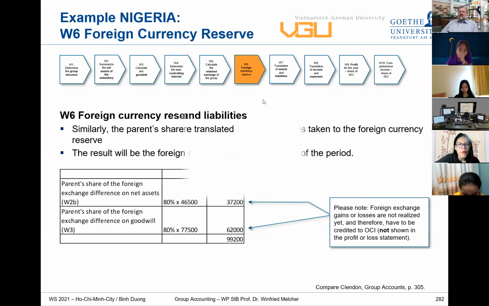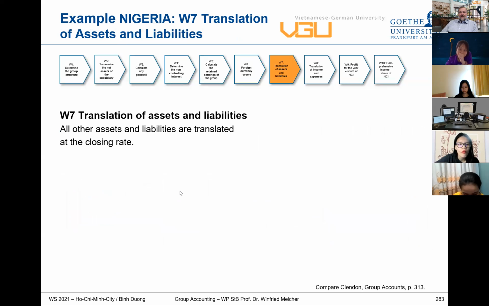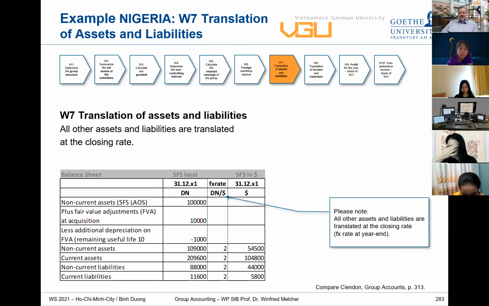Well, if not, then we go to the translation of assets and liabilities. The simple rule number one says all assets and liabilities are translated using the closing rate. So we will go to the non-current assets plus the fair value adjustment less the additional depreciation. So that is the non-current assets at year end.